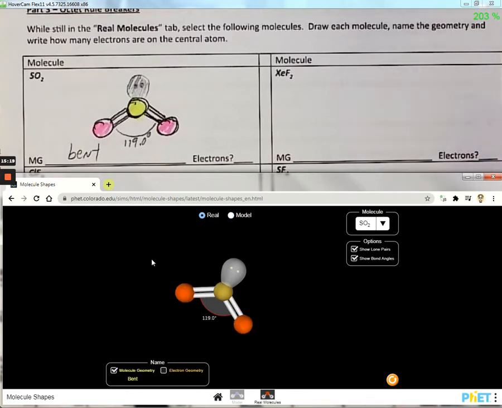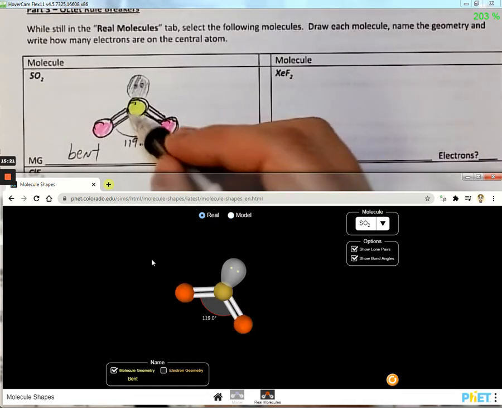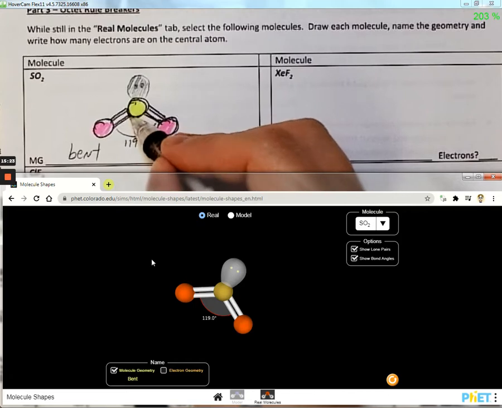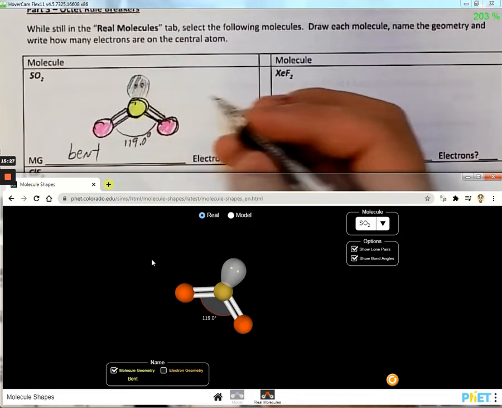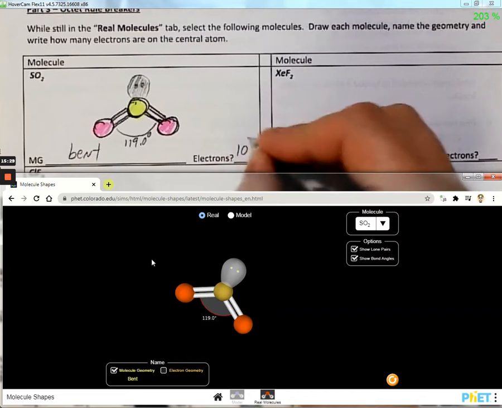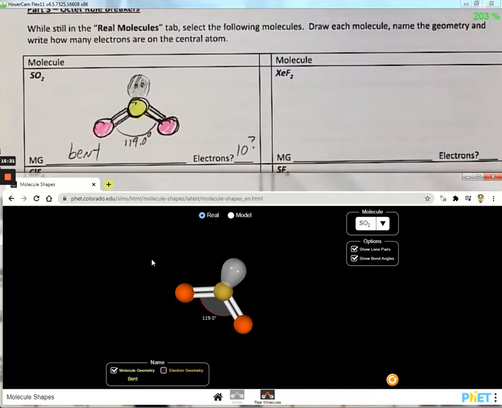But now let's look at how many electrons are here. So I've got 2, 4, 6, 8, 10. I've got 10 valence electrons. That is a rule breaker. And the thing is, when we talk about atoms needing a stable set of 8, that is for them to be at their most stable.